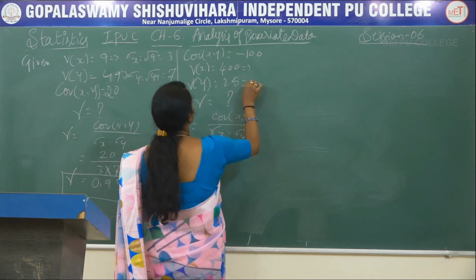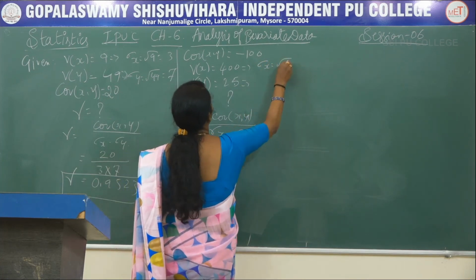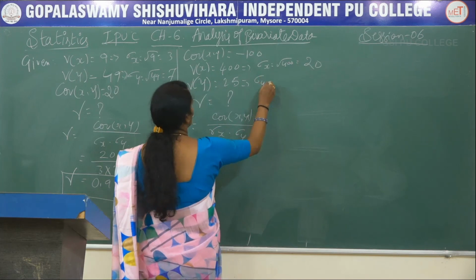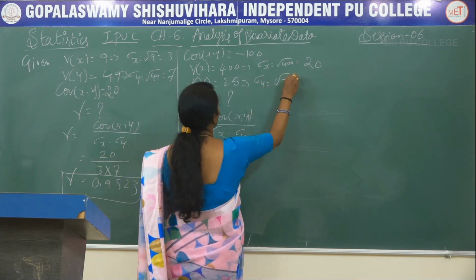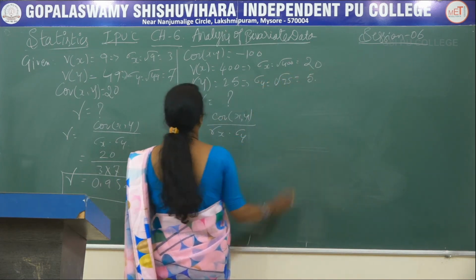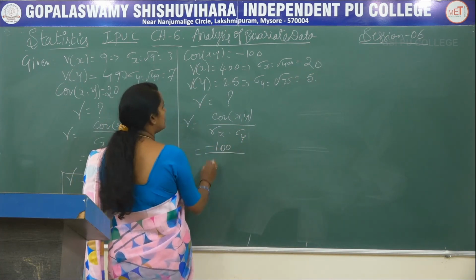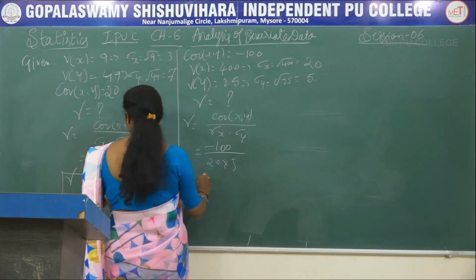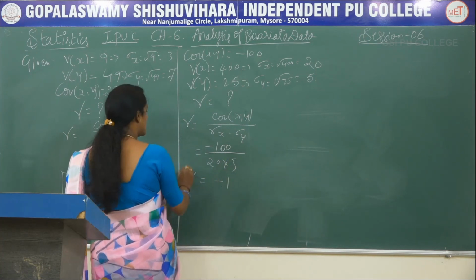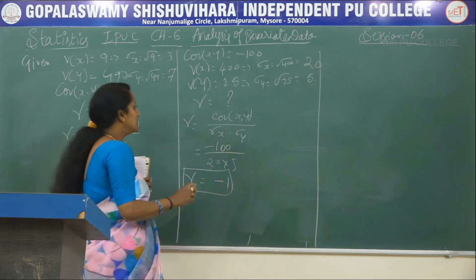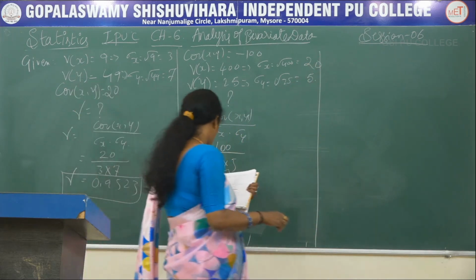Sigma x is root 400, and this value is 20, and sigma y is equal to root 25. The value is 5. Substitute the values, minus 100 divided by 20 into 5. This is minus 1. So here the r value is minus 1. So these problems are for 2 marks.